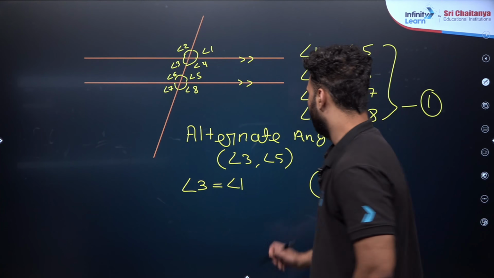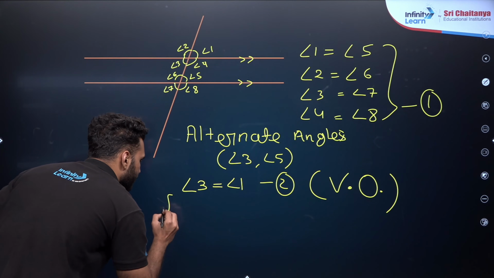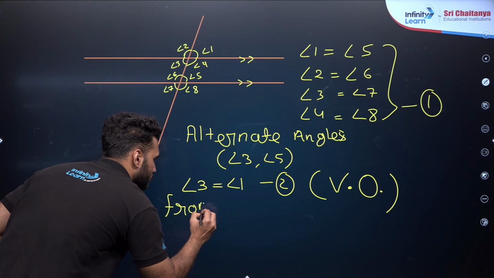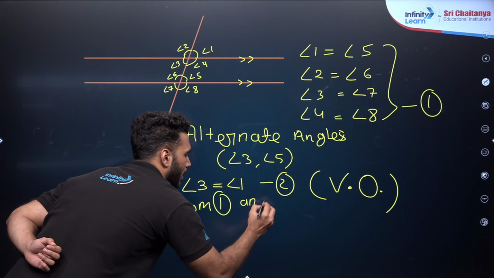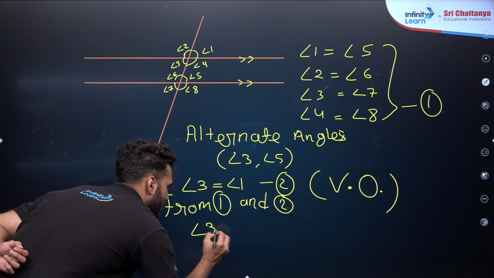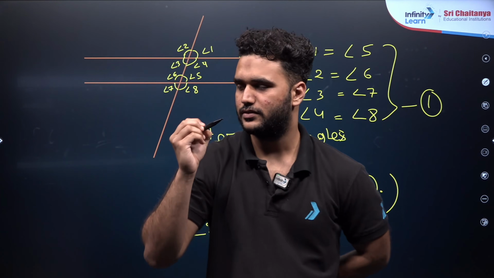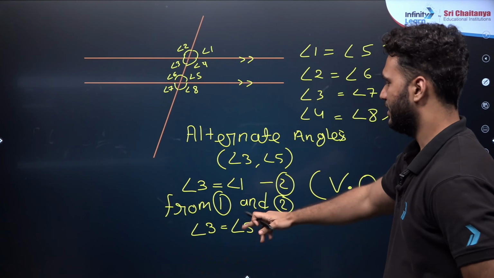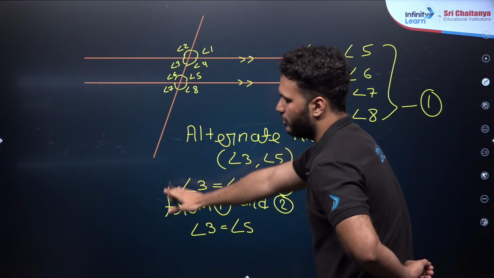Okay, now let's say this is equation 2. So from 1 and 2, can I say that angle 3 is equal to angle 5? See, angle 1 is equal to angle 5 and angle 1 is equal to angle 3.